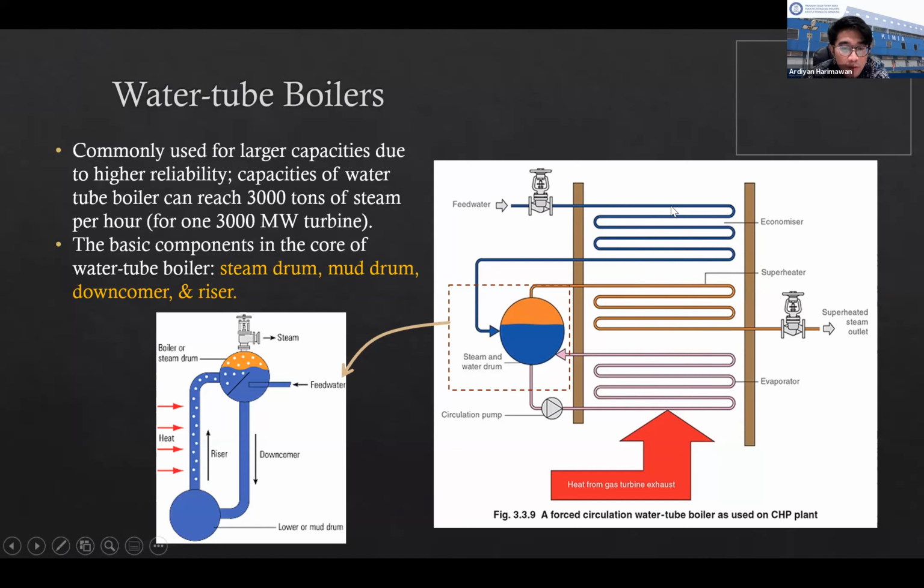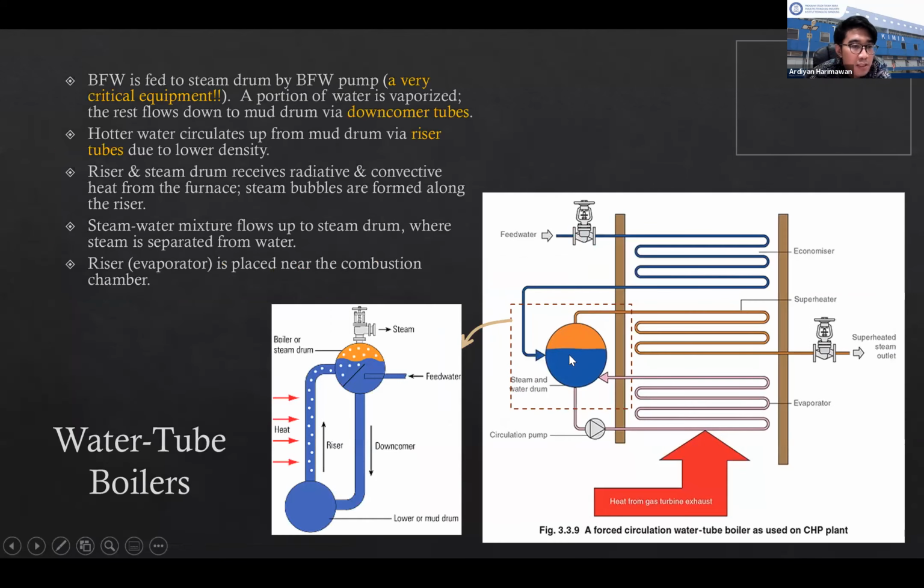Economizer. And then the heated feed water will go to the steam drum. Yeah, this is the explanation. The boiler feed water will be fed to the steam drum by the boiler feed water pump. Then a portion of the water will be vaporized, and the rest flows down to the mud drum via the downcomer tubes.